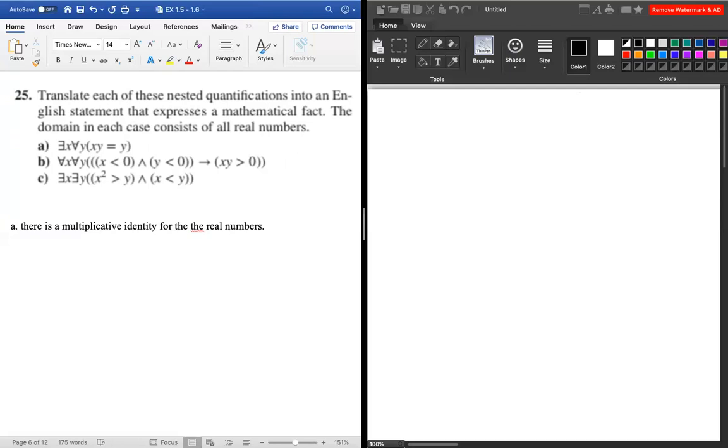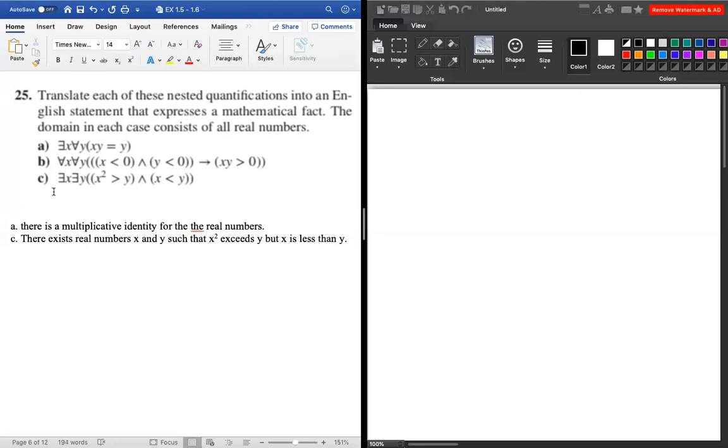Okay. Part number C. Likewise, we'll say there exist real numbers x and y such that x squared exceeds y, but x is less than y.